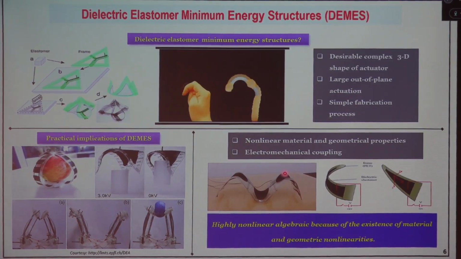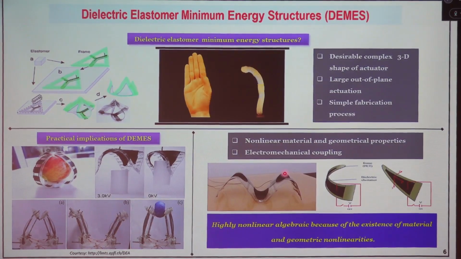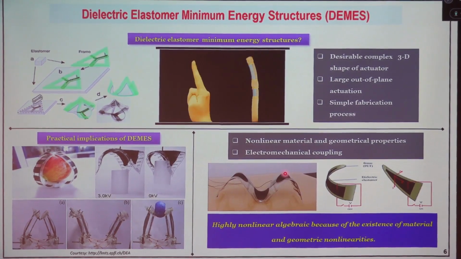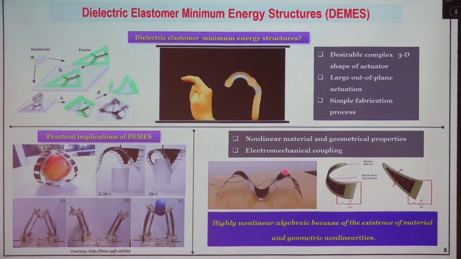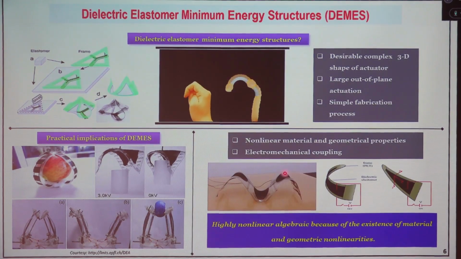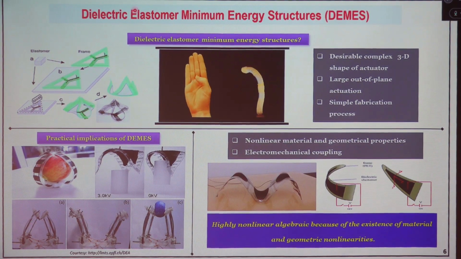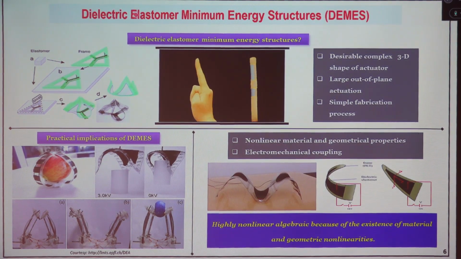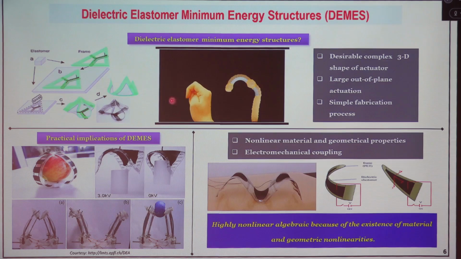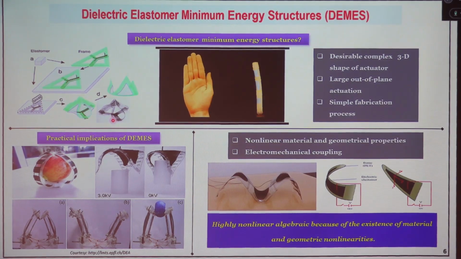So the first question that needs to come: what is this dielectric elastomer minimum energy structure? As the name suggests, it represents a complex 3D equilibrium configuration that is characterized by the minimum energy of the system.